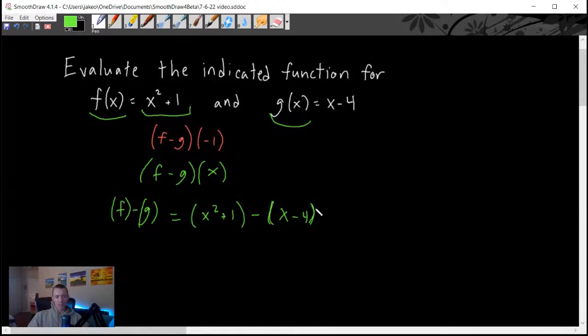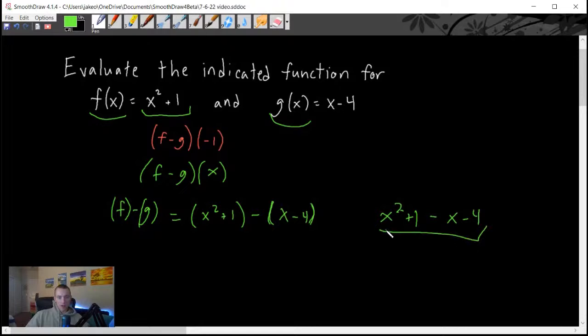Just put them in parentheses at first. Then you can think about how these different operations are going to distribute throughout the parentheses. A very common mistake I see is people will just write your function f, so they would just write x squared plus 1 and then put a minus sign and then write your function g, x minus 4.